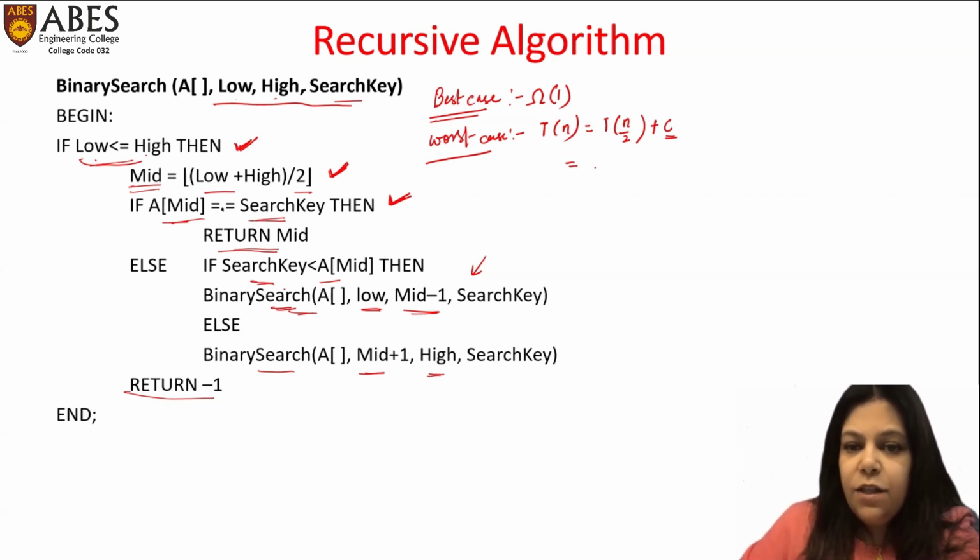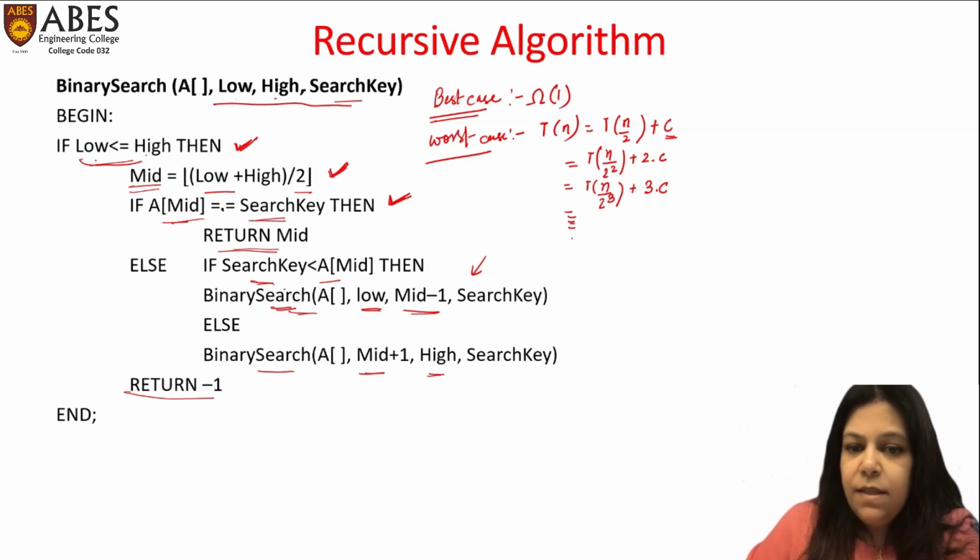So again, in the next iteration, we can say that this is equal to T(n/2^2) plus 2C. And in the next iteration, this will become T(n/2^3) plus, adding up the constant, 3C.